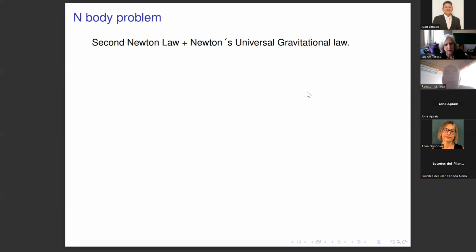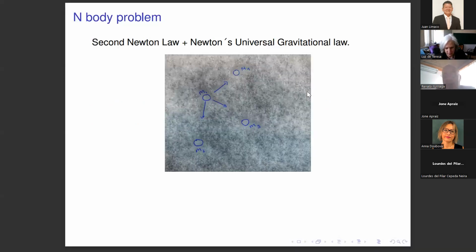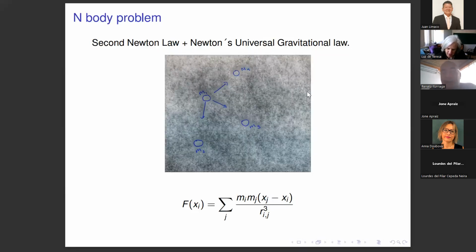And so the n-body problem is just Newton's second law plus Newton's universal gravitational law. So we have the forces that each body feels from all the other bodies, and this is just the sum.